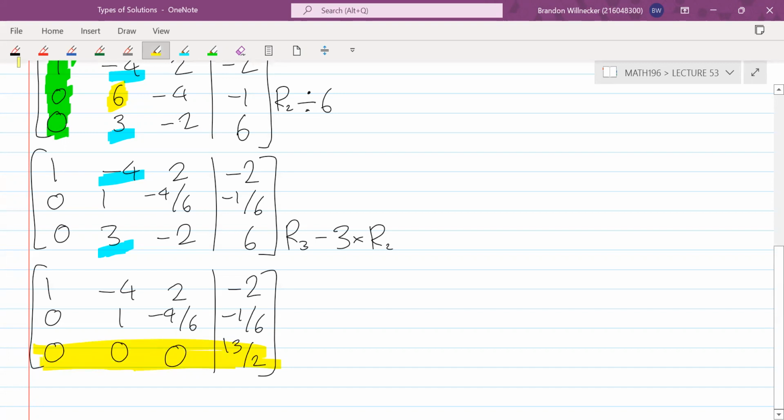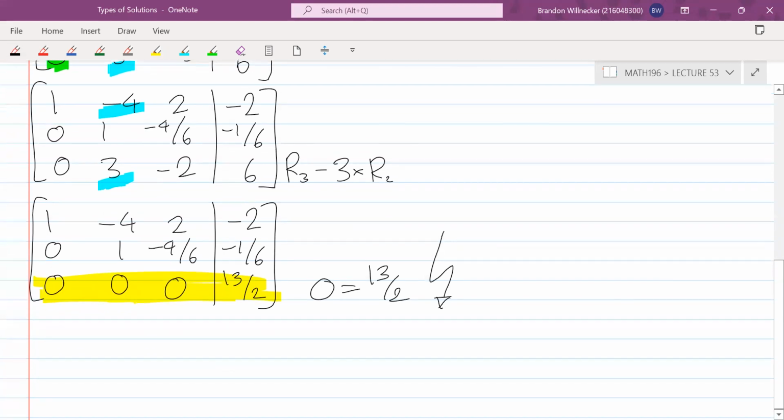In the last row here, we've got 0 equals 13 over 2. If we write that last row as an equation, we get 0 equals 13 over 2. That's a contradiction, right? You can't have that. So since there's a contradiction, the system must be inconsistent.